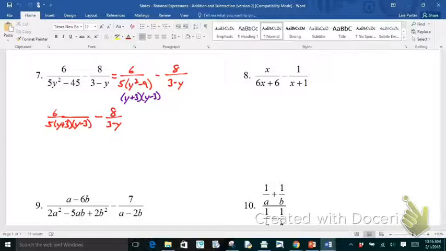Here's what this is going to do. This is going to be the same as saying 6 over 5 times y plus 3 times y minus 3 plus, we're leaving 8 on the top, and I'm sending that negative sign down. Let me go back and work in purple again so you can see.